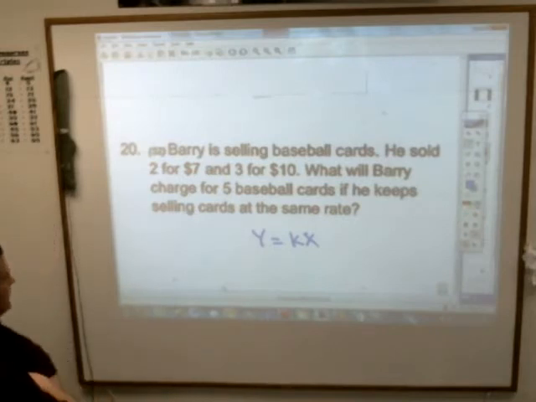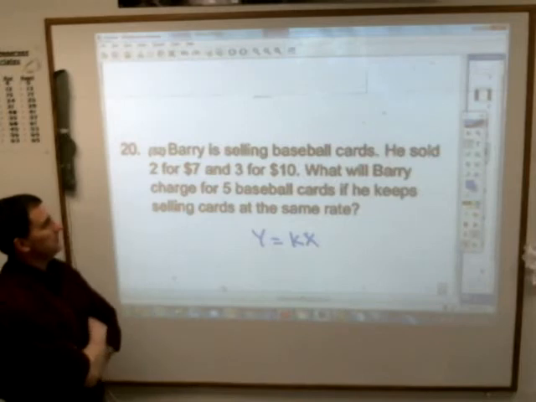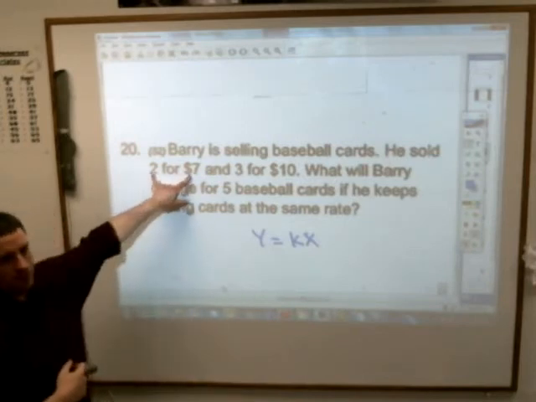Yeah, they're asking you, I just figure out the pattern. But I don't know if the pattern follows true. Well, here's the deal. If you look at this, if you sell 2 cards for $7, that means they cost $3.50 each.